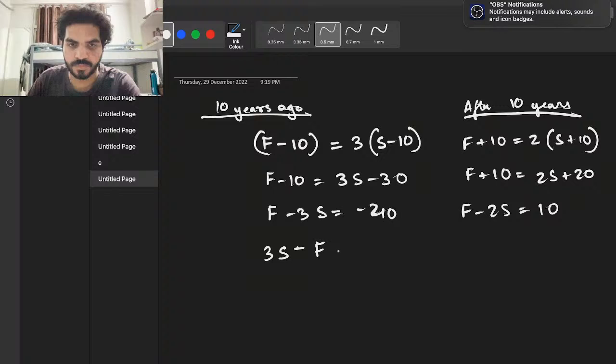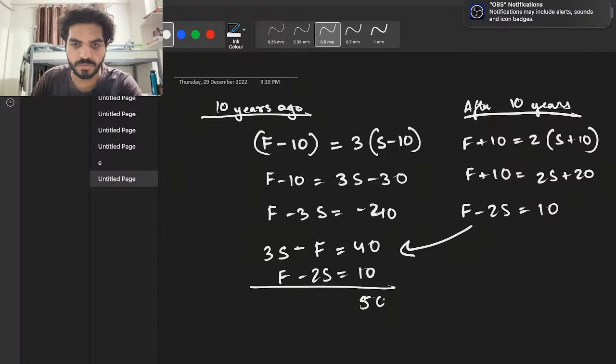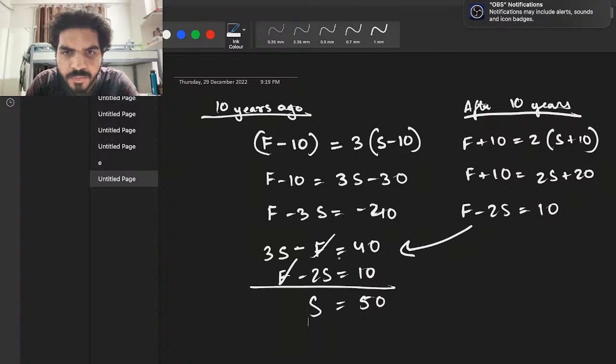Using them both, we will write F minus 2S is equal to 10. Adding them, I'll get 50. F will get cancelled out. 3S minus 2S. I guess I made a mistake somewhere. F minus 3S. Okay, yes, this is 20.